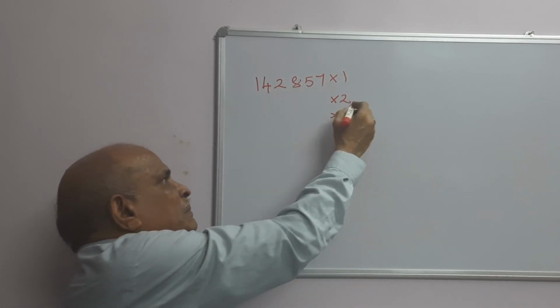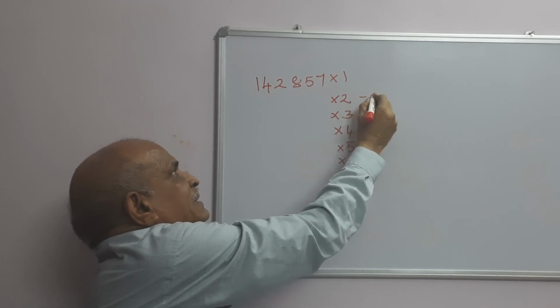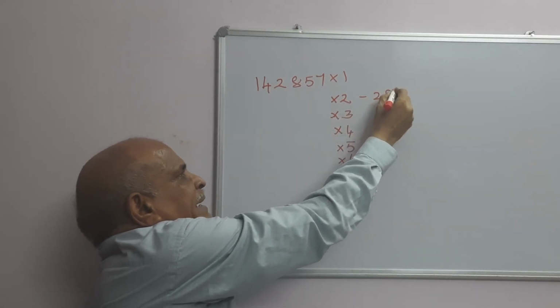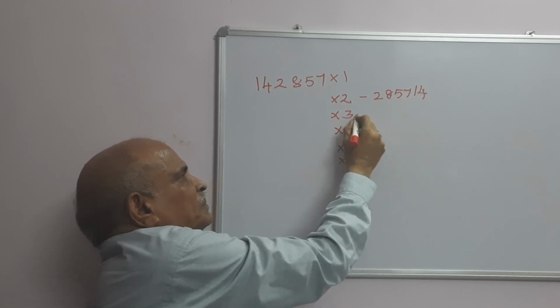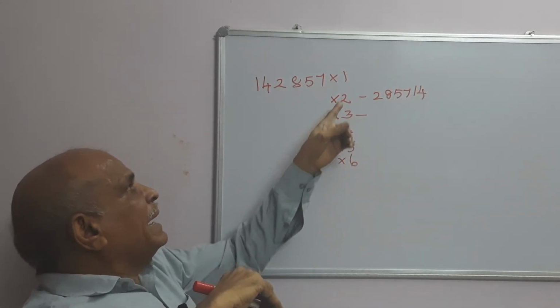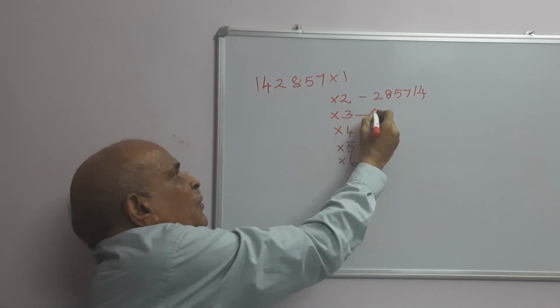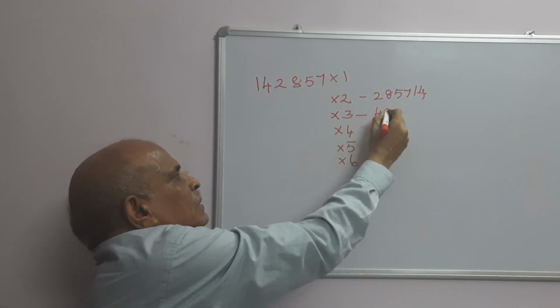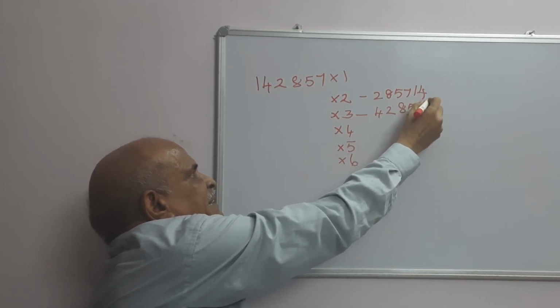Say for example, if you are multiplying this by 2, we get 2, 8, 5, 7, 1, 4. And if you are multiplying by 3, we will get 4, 2, 8, 5, 7, 1.